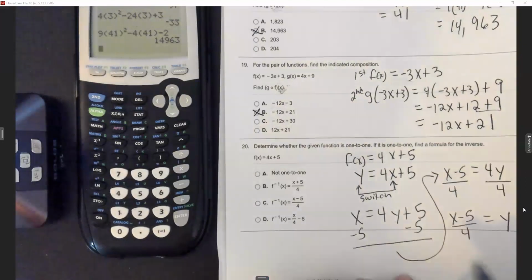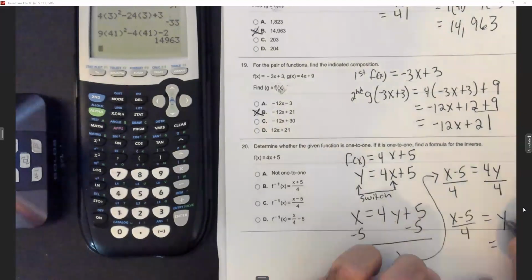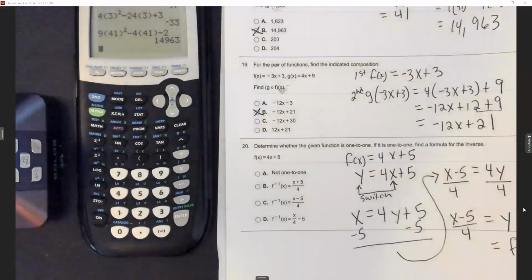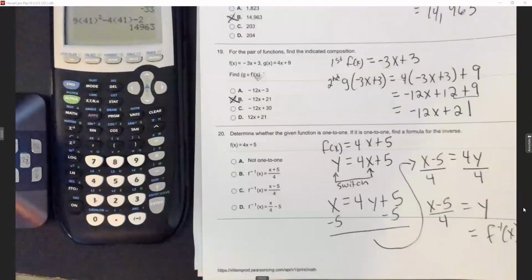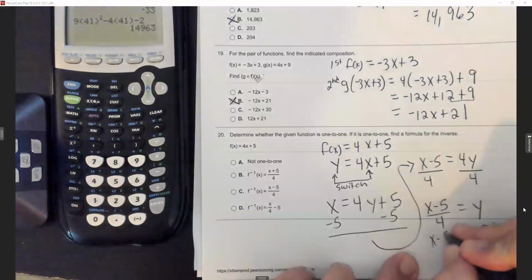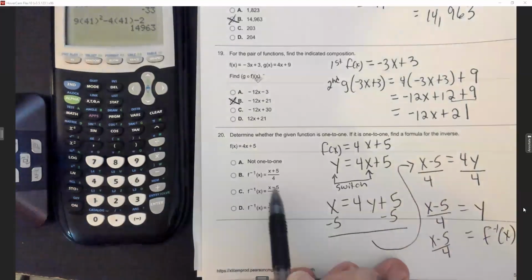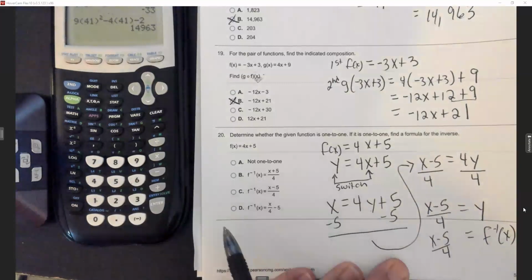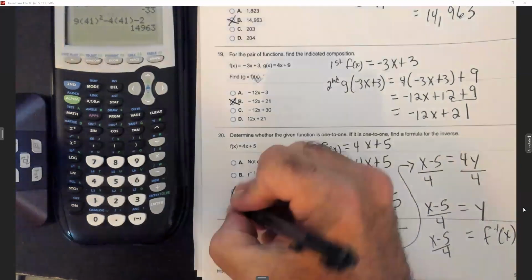At that point, I should be able to find one of these. And officially, my last step would be to replace the y with the f inverse of x notation, and then bring down my x minus 5 over 4. And they got that over here. I have x minus 5 over 4, so that would have been C.